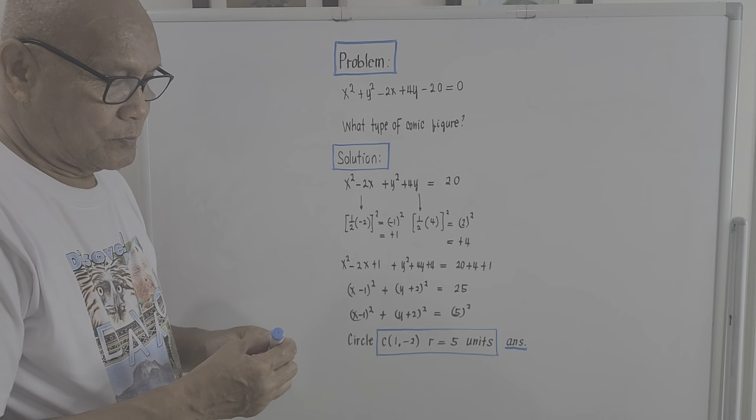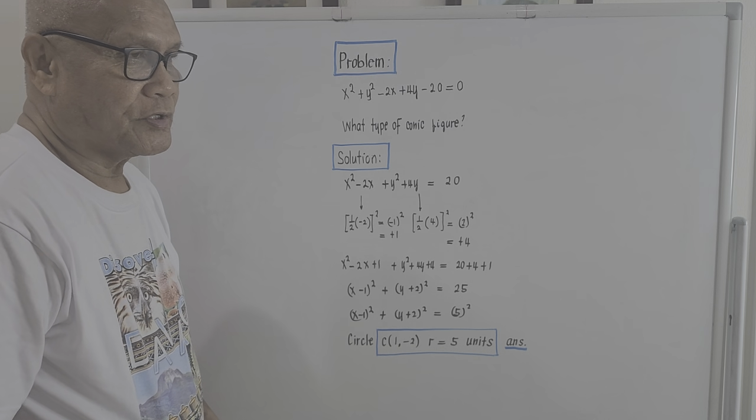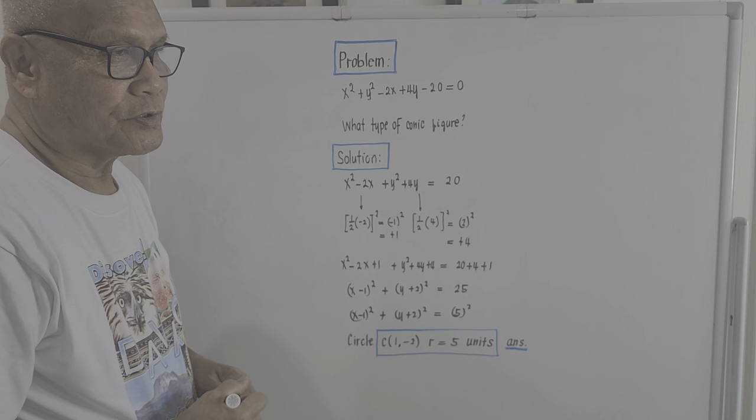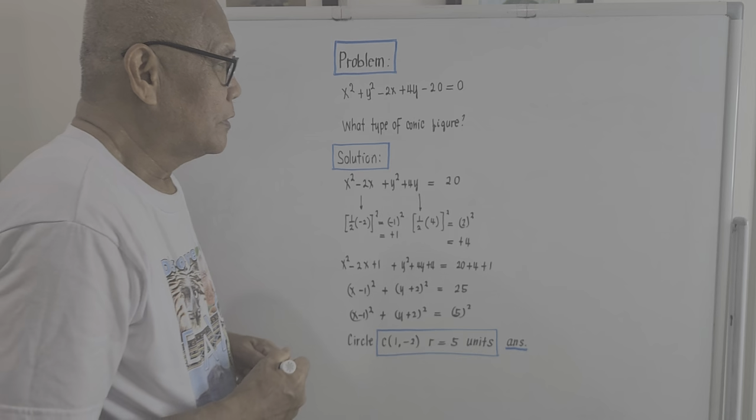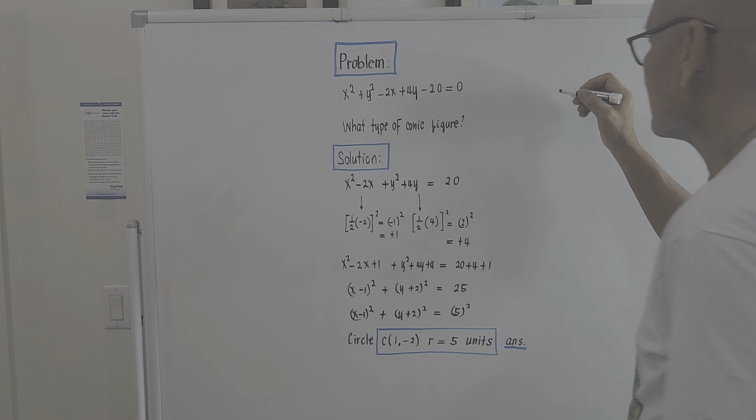If we try to bring out the standard form of conic sections, it is something like this.